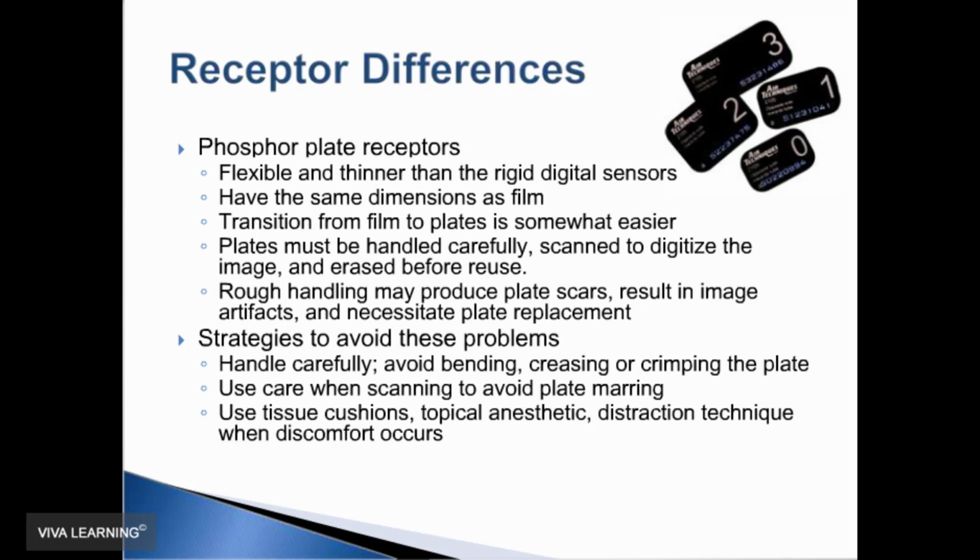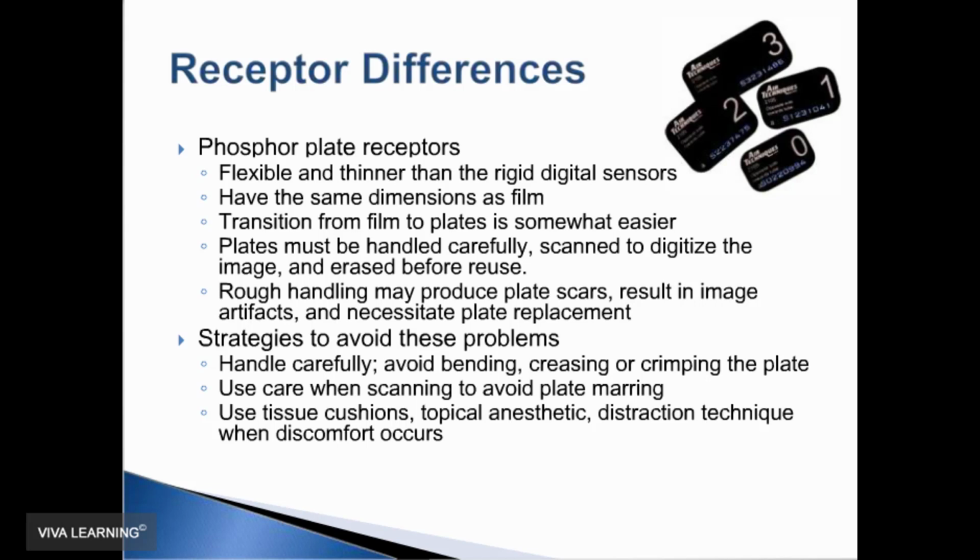With phosphor plates, they are thinner and more flexible. In fact, manufacturers have tried to stiffen them a little bit so that they don't flex or curve in the mouth, which can produce an error that appears like elongation. The recording surface, that blue side, the emulsion side, will fully record an image like film.